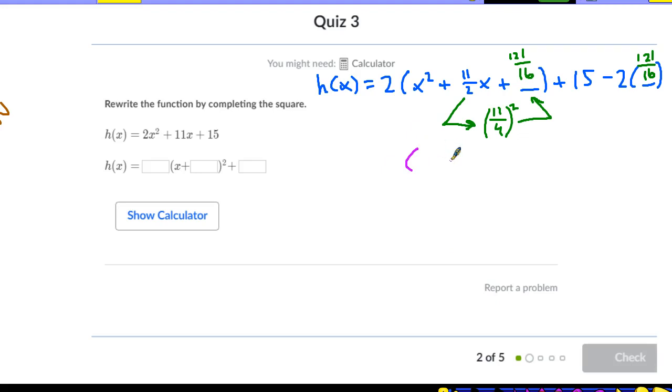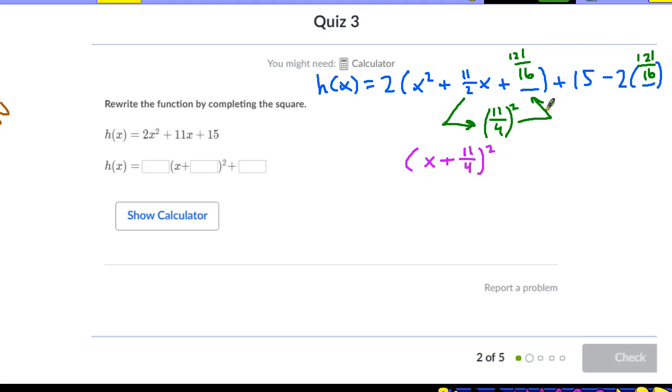We then factor this guy, and when we factor it, we get x plus 11 over 4 squared. 11 over 4 times 11 over 4 is 121 over 16. x times x is x squared. And then the rest of it works itself out.